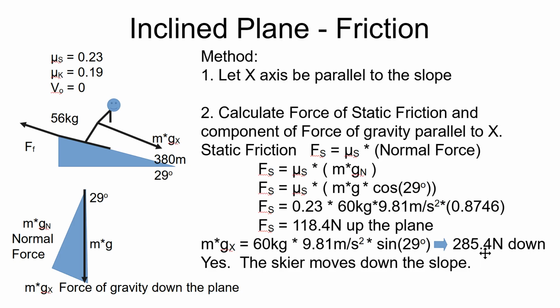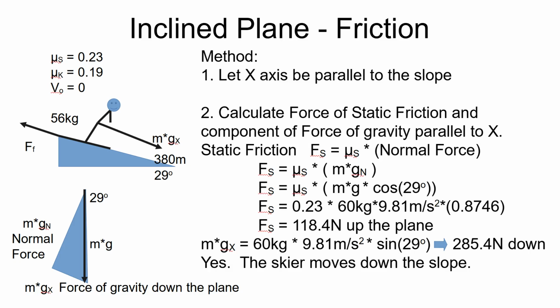Again, I keep one extra digit. The final answers, I'm going to usually round off to 3 significant figures, but intermediate answers I write down on paper, I would keep an extra digit, so 285.4 newtons. This component of the weight down the plane is larger than the frictional force up the plane. Static friction is not able to keep this skier from moving.